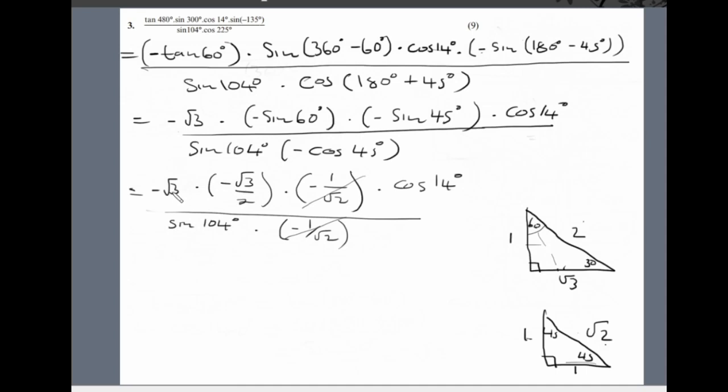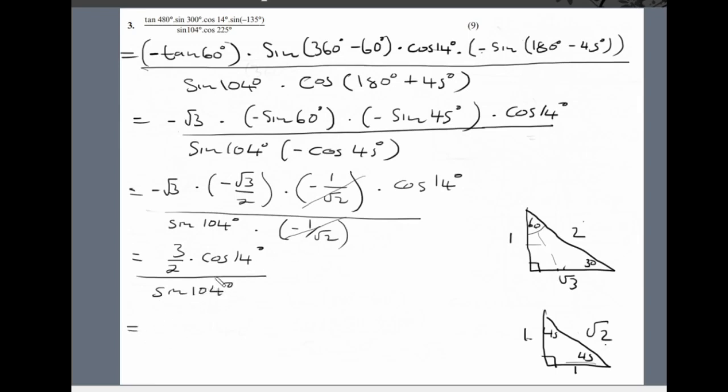So root 3 times root 3 is equal to 3, and then we divide by 2, and then times cos 14 degrees, all divided by sine 104.